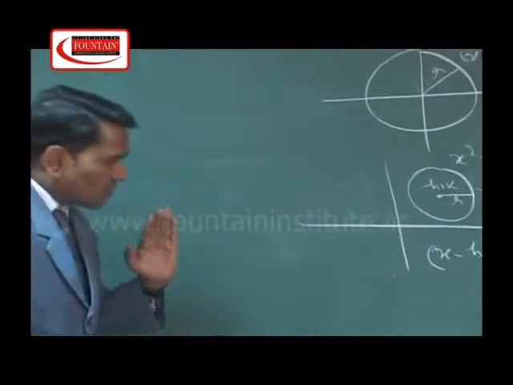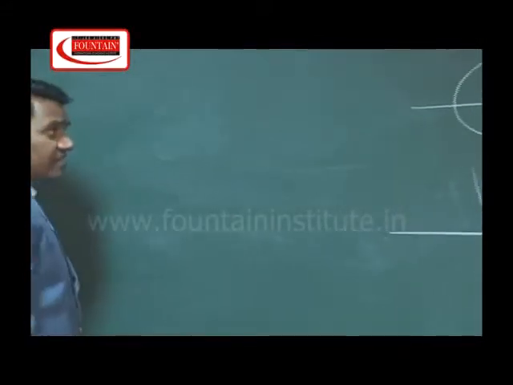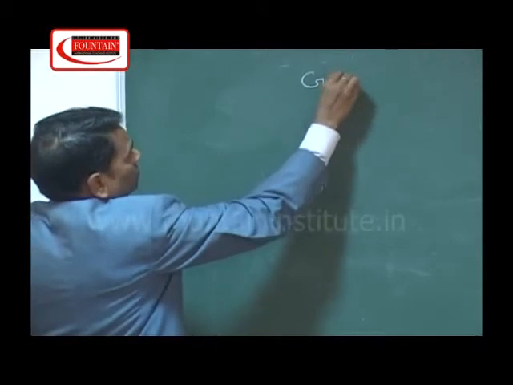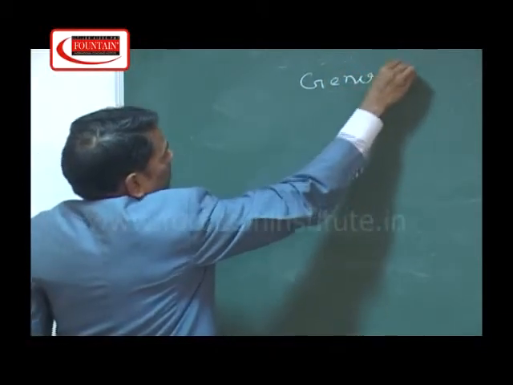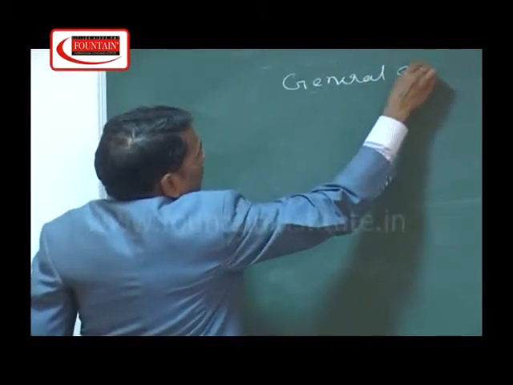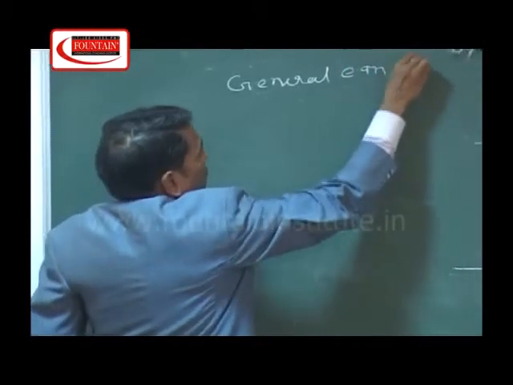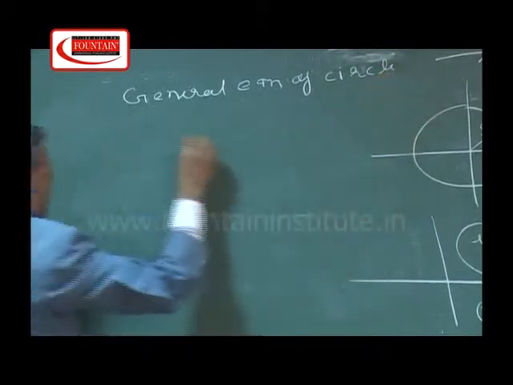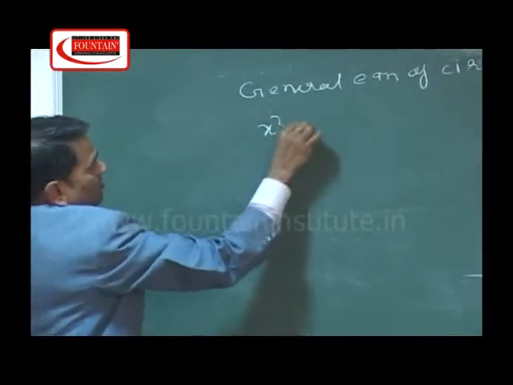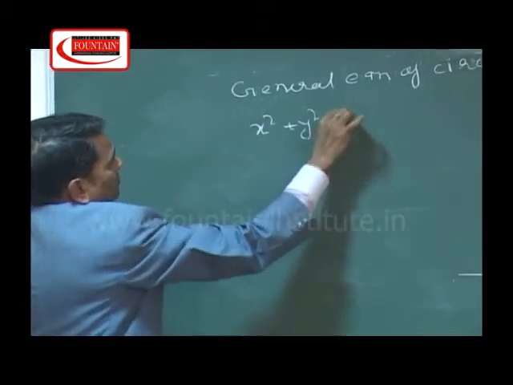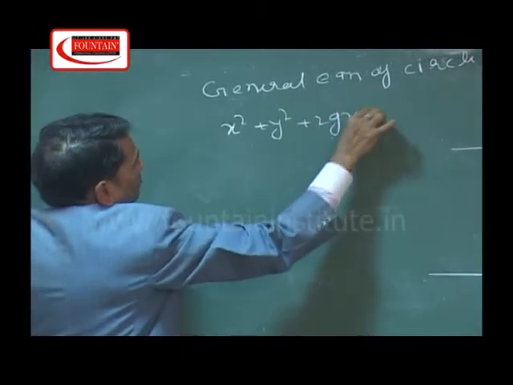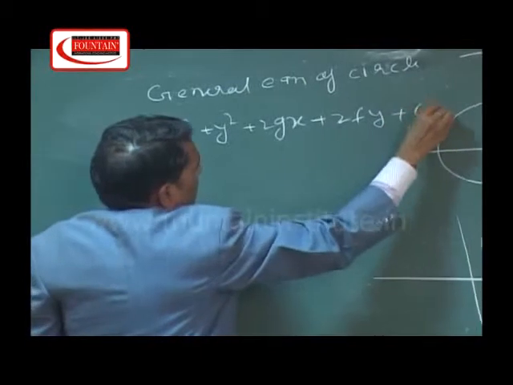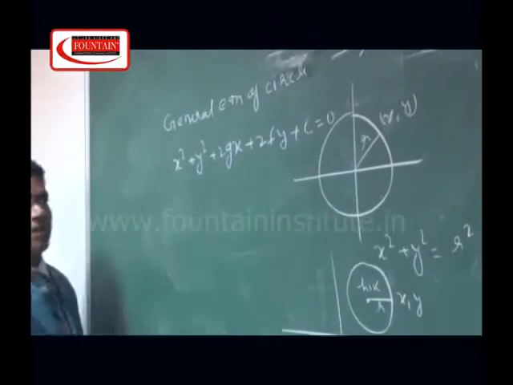So in a similar way we can write the general equation of a circle. The general equation of a circle is given by x square plus y square plus 2gx plus 2fy plus c is equal to 0.